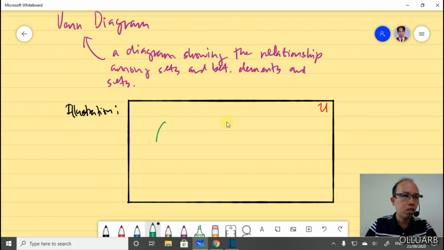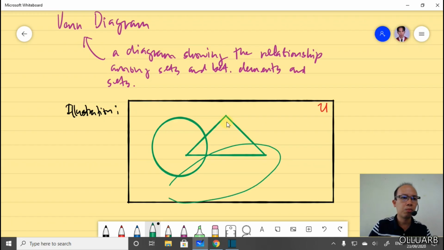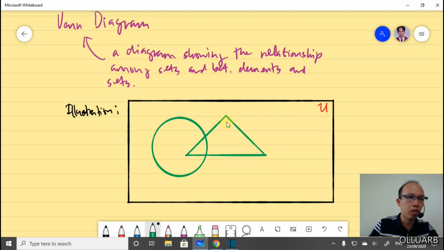Okay, and then if you have a triangle here, and then another, let's say an oblong. Let's have another color, another object. Let's say a square. Let's put it here.